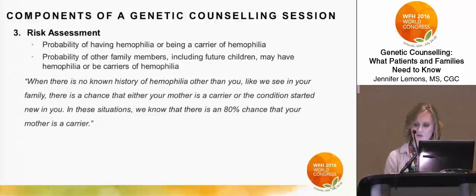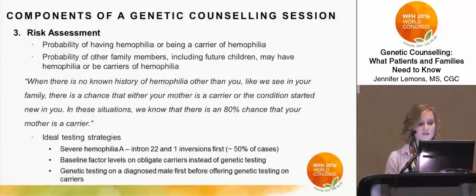So letting them know that based on their specific situation, maybe having no history of hemophilia and the only son with hemophilia, the mother has basically an 80% chance of being a carrier herself, and providing the information in a way specific to their situations. That was also ideal testing strategies. So for severe hemophilia A, perhaps only testing the intron 22 and 1 inversions first, etc.